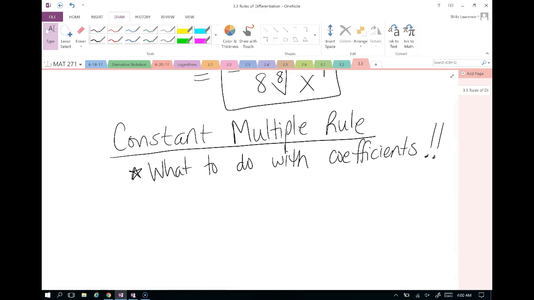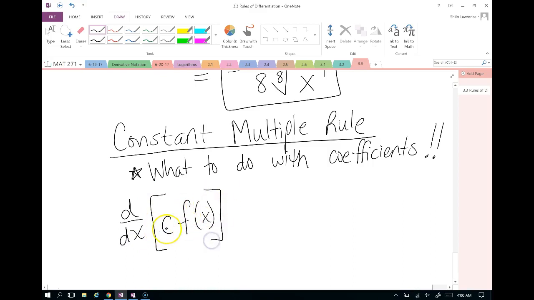So the constant multiple rule says if you're taking the derivative of some function that has a coefficient in front of it, that coefficient is not going to affect how you take your derivative.